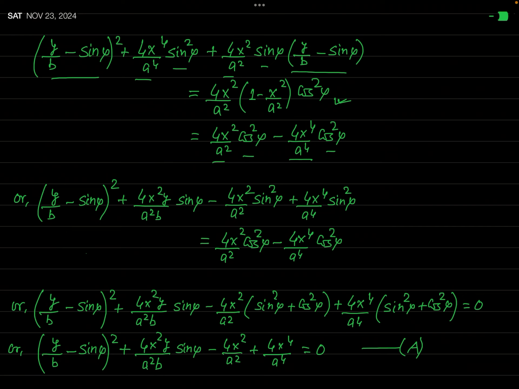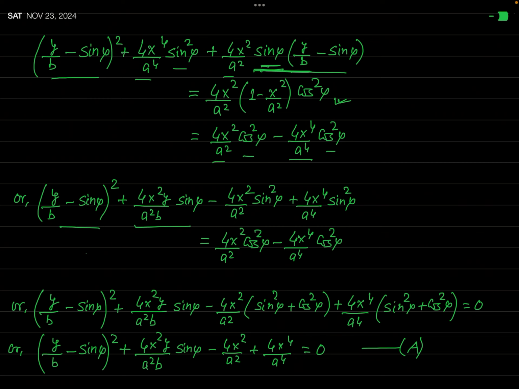Now this can be simplified as y over b minus sine phi whole square plus, now see this term which I am underlining here. This is actually 4x square y over a square b times sine phi. So I have written it here.